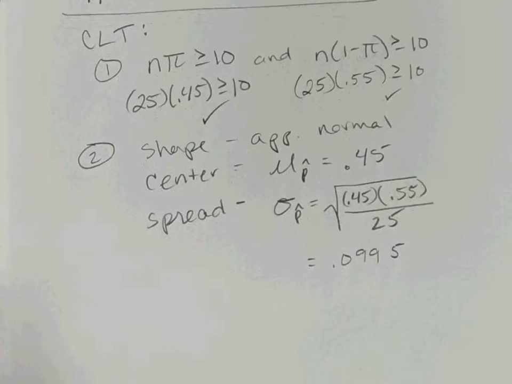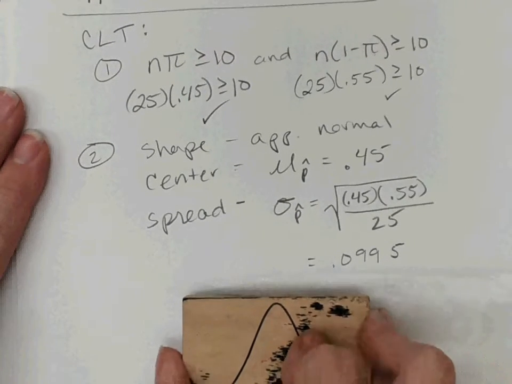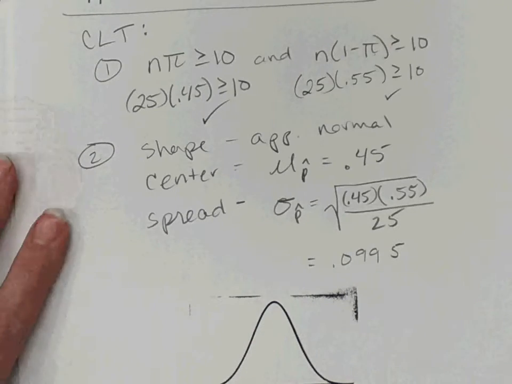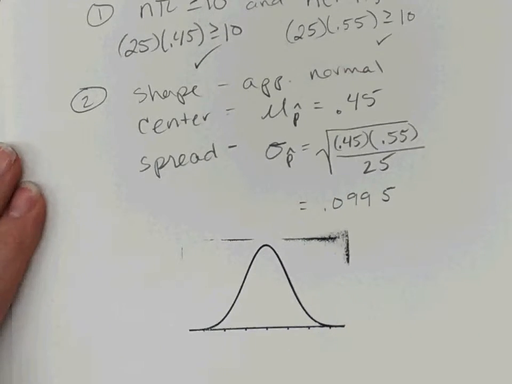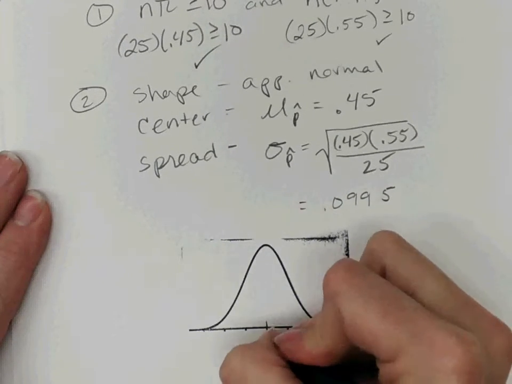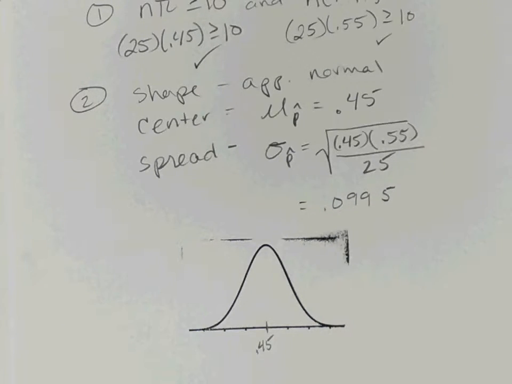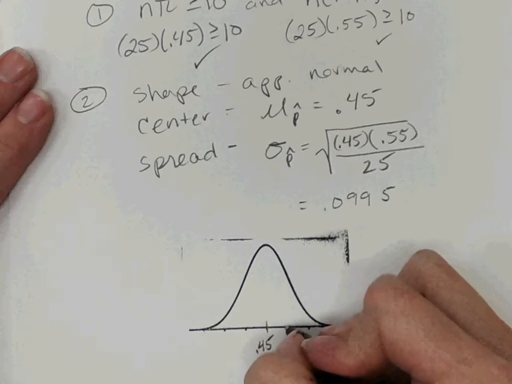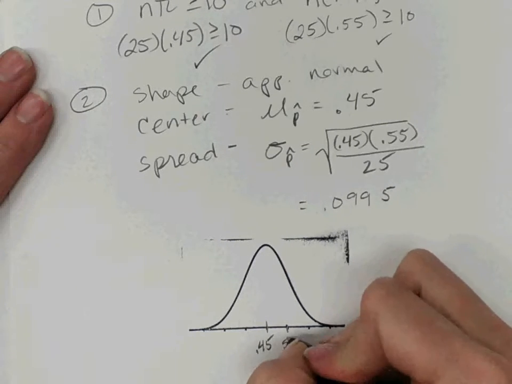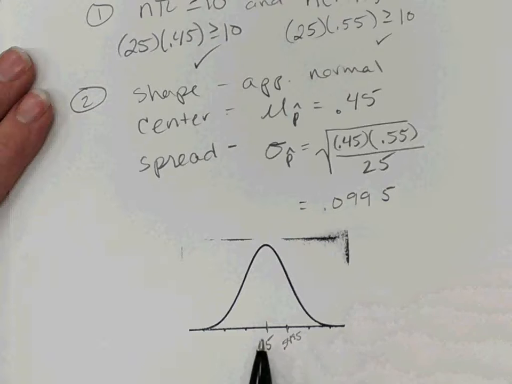Now, I can sketch this distribution as well, just so that I can see what this picture is going to look like compared to the simulation. My mean is going to be my 0.45. Remember, this is just your normal distribution from before. Then this is 0.5495. I'm just adding one standard deviation as I go.